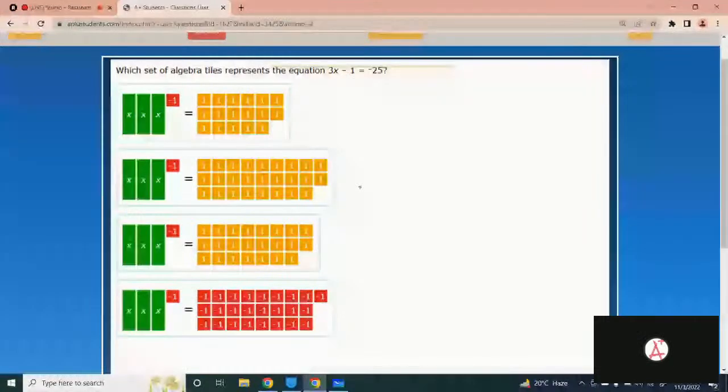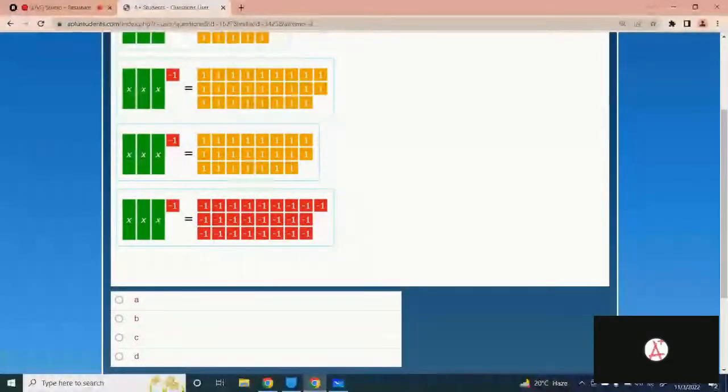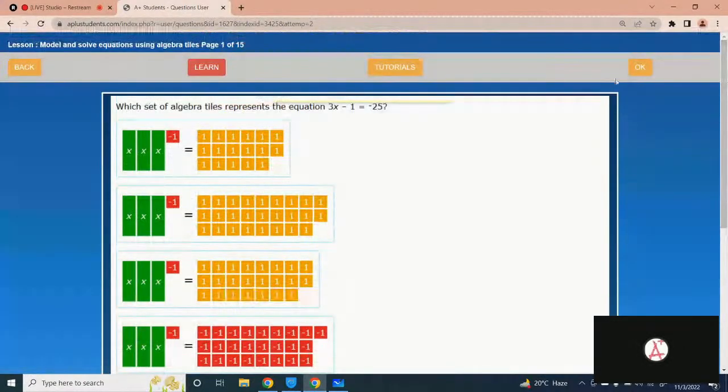So you can skip the first three options and just check the last. Option number D is the correct option. Select the correct option and then click on the OK button.